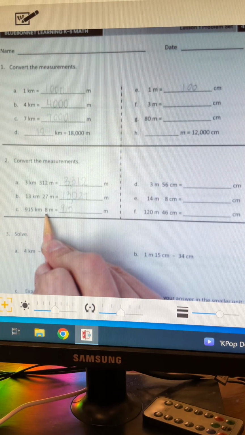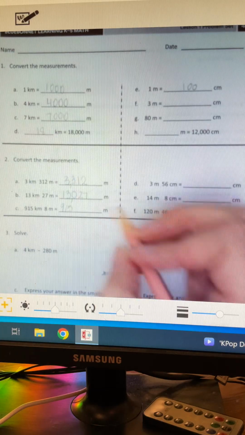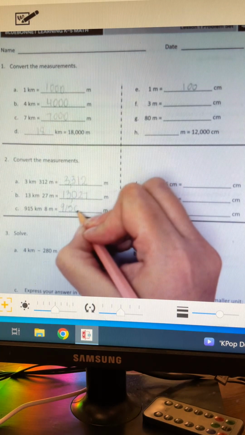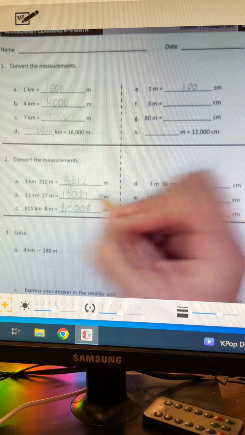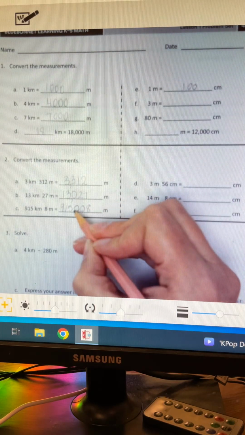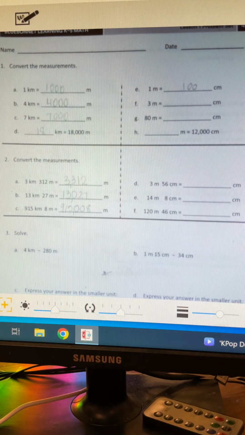Do we have any tens? Nope. Do we have any ones? Yes. So 0 hundreds, 0 tens, and 8 ones. 1, 2, 3, comma. So we know that that converts into 915,008.